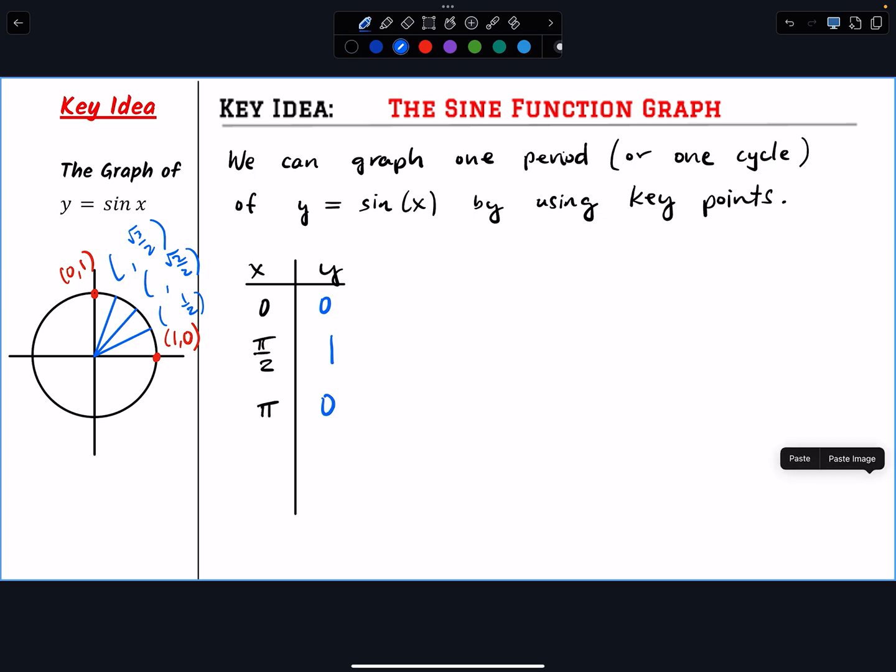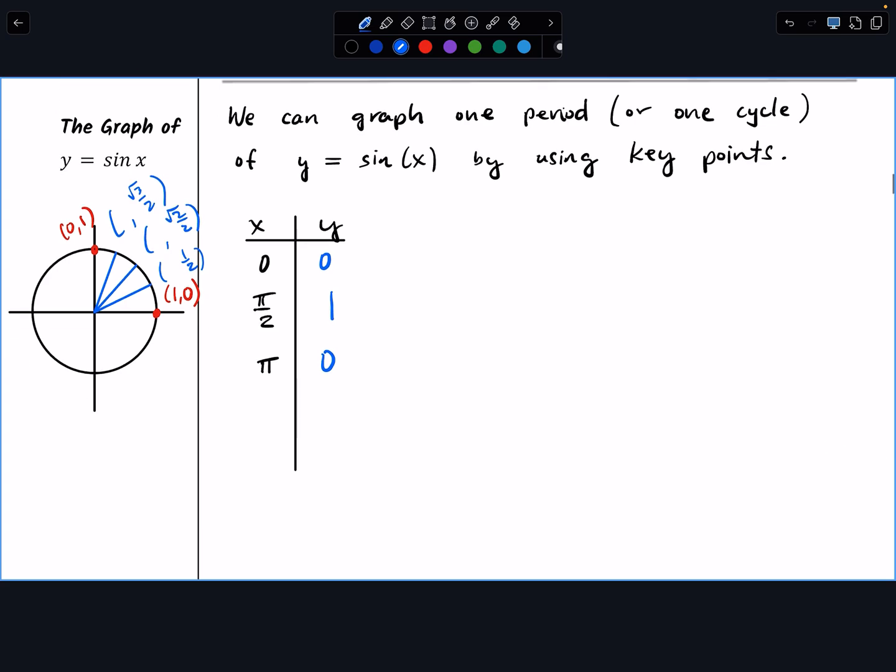And if I'm following this pattern, ugly, ugly, ugly, 3 pi over 2, which is negative 1. And then if I keep going, if I wrap all the way around, what would that be? 2 pi. And what's the sine there? 0.